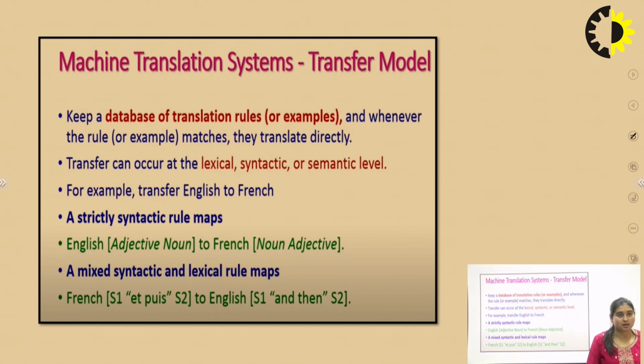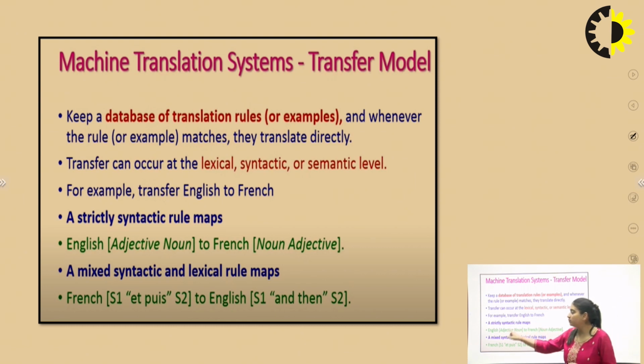So let us see an example. For example, transfer from English to French. So the English language is the source language and the French language is the target language. Look, you need to understand what is the source language and what is the target language. So for example, a strictly syntactic rule maps, as you can see here, English adjective noun to French noun adjective.